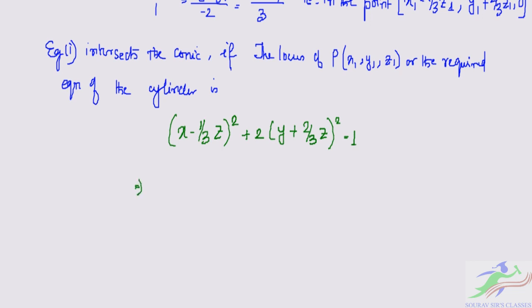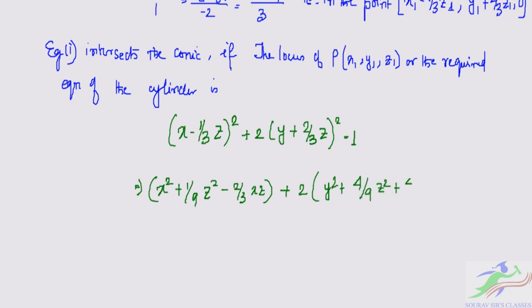So simplifying this, we can write it as x square plus 1 by 9 z square minus 2/3 xz, plus 2 times y square plus 4 by 9 z square plus 4 by 3 yz, equal to 1.